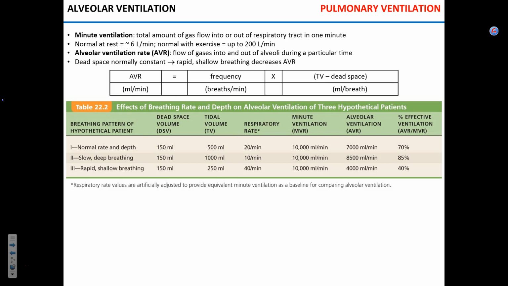It's the amount of air that goes through the respiratory tract in a minute. Does that make sense? So say if my tidal volume is 500 mL and my breathing rate is 20 breaths per minute, what's my minute ventilation?